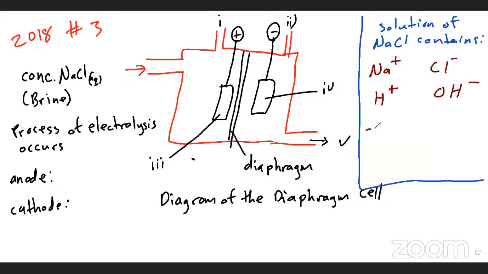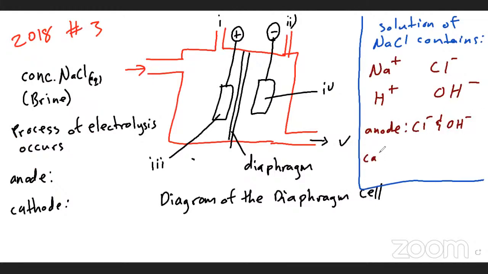The anode is the positive electrode that they are showing here. Which of these ions would migrate to the anode, positive or negative? Negative, sir. All right. So you would have the chloride ion and the hydroxide ion migrating to the anode.